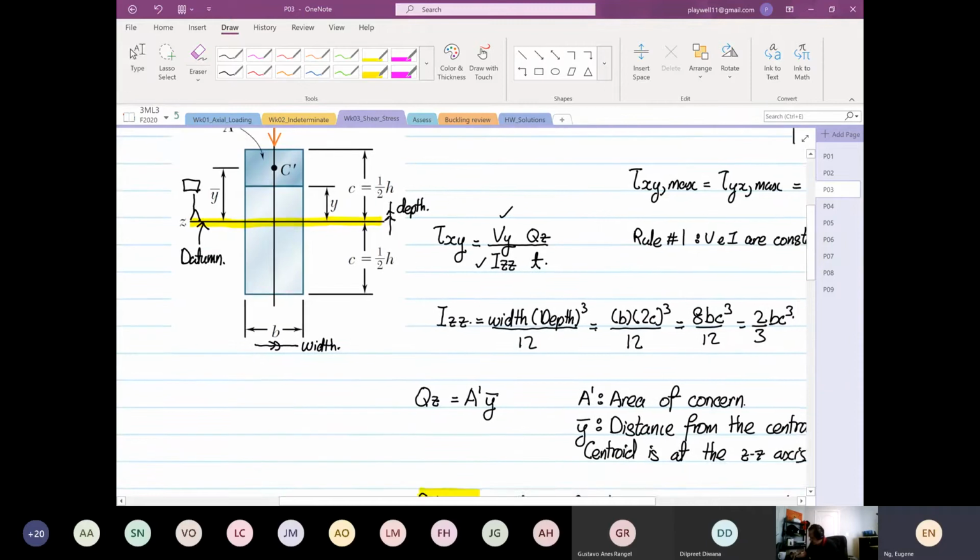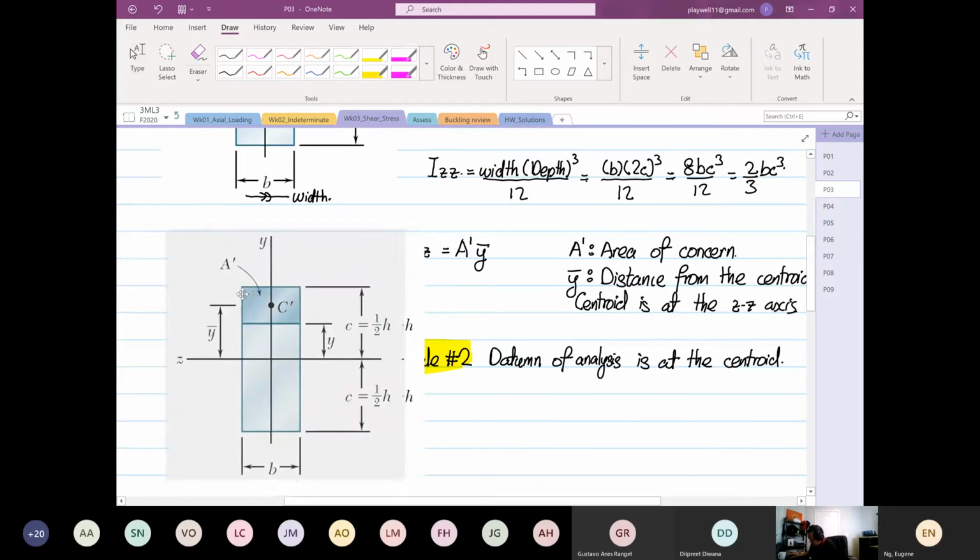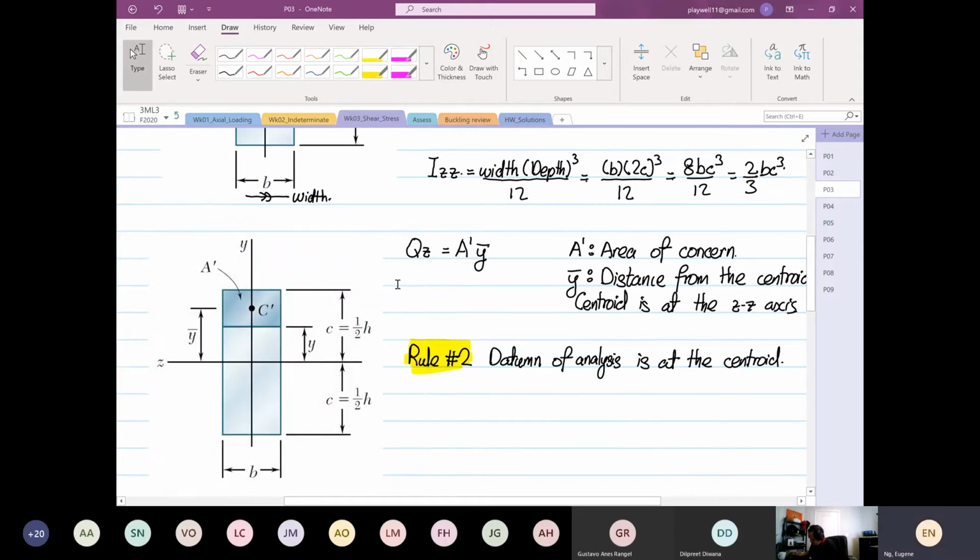Okay. So now we are going to look at QZ. So we're going to look at A prime. I'm going to copy this diagram so I don't need to move up and down. So we want to find A prime. A prime is equal to B. So area, we know area is width multiplied by depth.